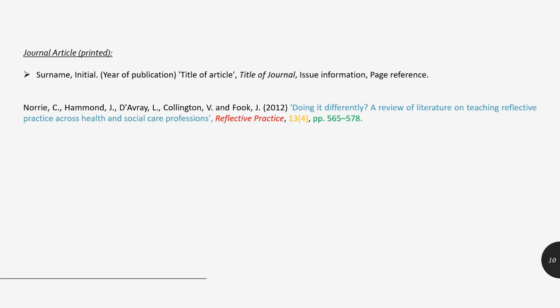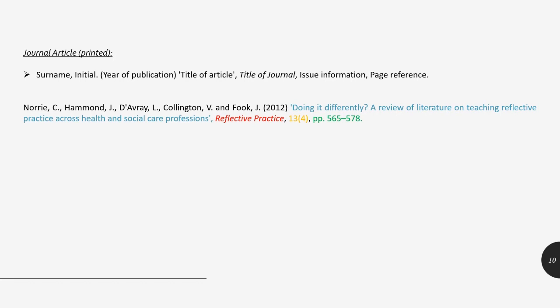Again, we use only the surname and the initial. We do not write the full first name of the author. It is only the initial. So as you can see in the example, you have the surname followed by the initial. In between brackets, you're going to have the year of publication, followed by the title of the article.